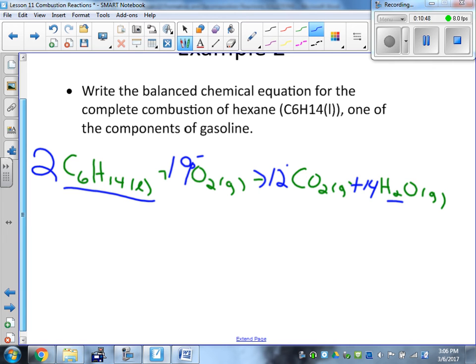That's 38 oxygens. Yes? This is 24 right here. 12 times 2 is 24. And 14 more. 38. Okay? Trust me, it is. Okay? Combustion reactions. Okay, they either work out really nicely or they're not going to work out particularly well. Okay, and then you're going to have to go back and double stuff.